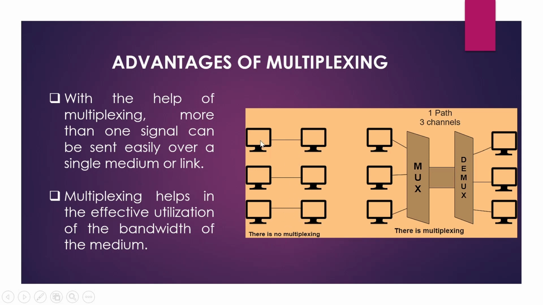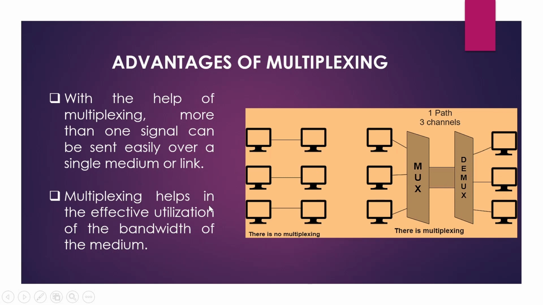That means this source is sending data to this destination, and so on. In case of multiplexing, we assemble the input from various sources, then propagate them through a single link, and at the receiver's end they are directed to the corresponding receivers.